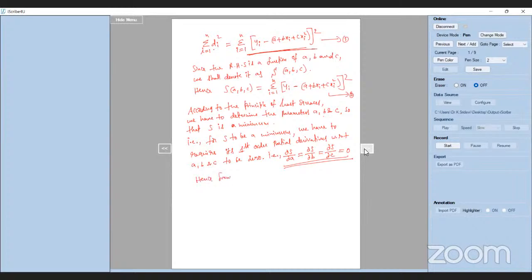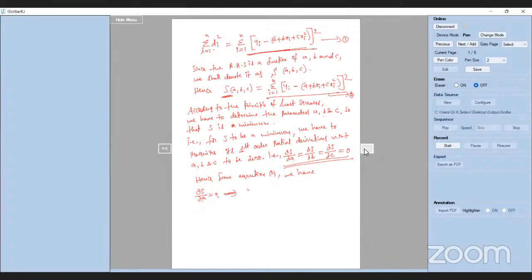Hence, from equation 2, we have dou S by dou A. What is the dou S by dou A value? It is equated to 0 for S to be minimum. So now we will find dou S by dou A, that means the partial derivative of S with respect to A. So differentiate this with respect to A partially.